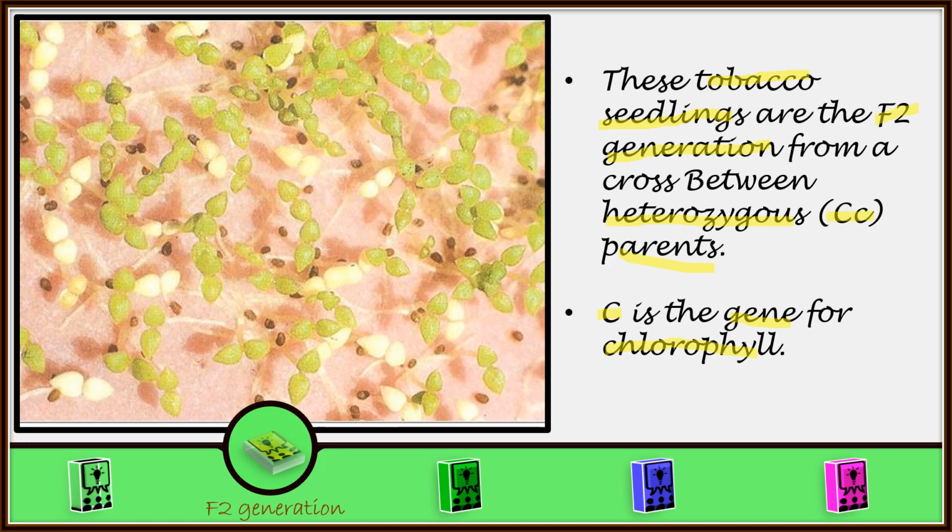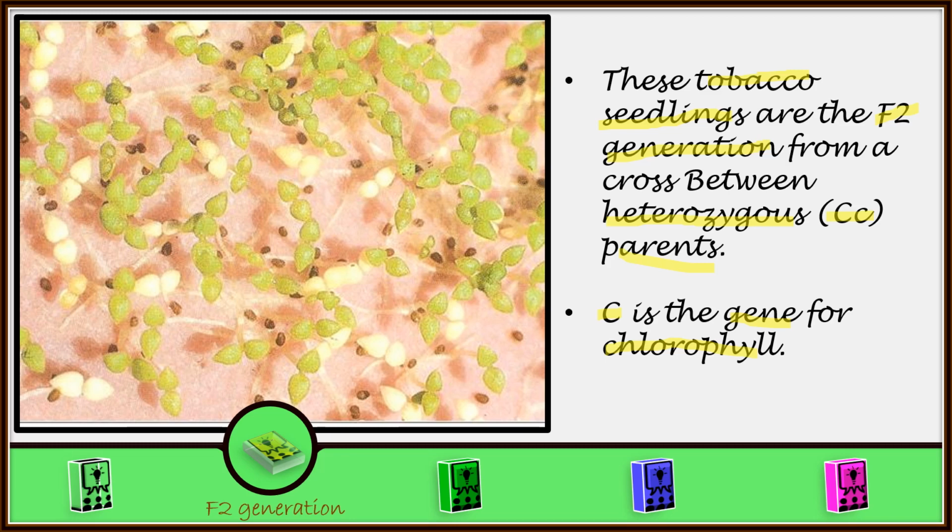Since this is the F2 generation, it means it comes from the F1 generation. And the F1 generation are always heterozygotes, with the heterozygous alleles capital C and small c. Where we have capital C, that seedling will have chlorophyll.